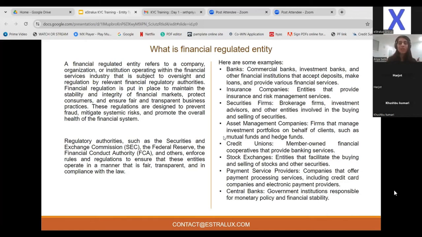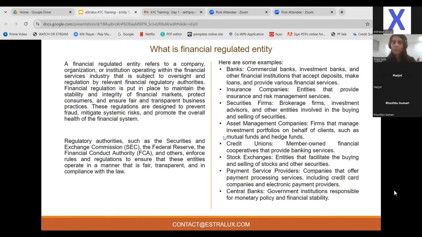So you don't have to worry about remembering. But you should know that a regulated entity is one governed by a regulating body, and it should have a regulation document. That is for sure. Am I clear?